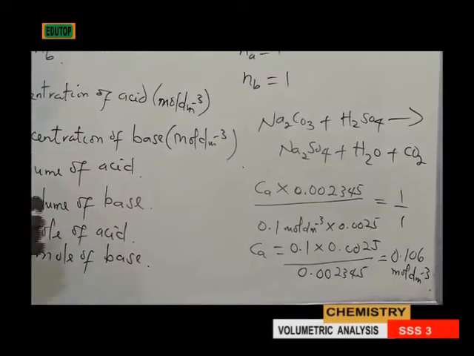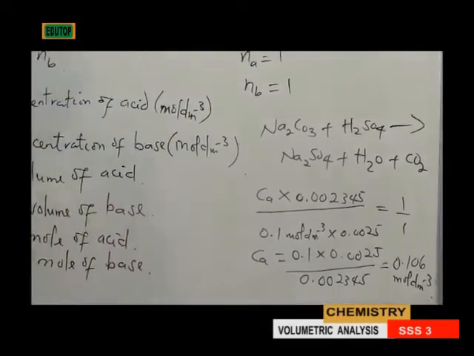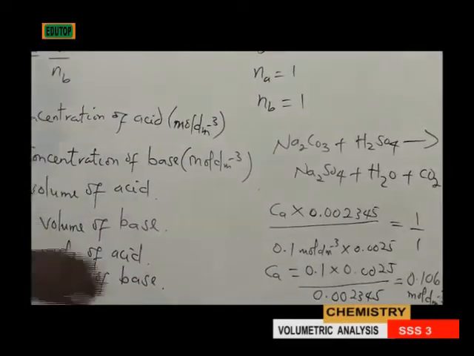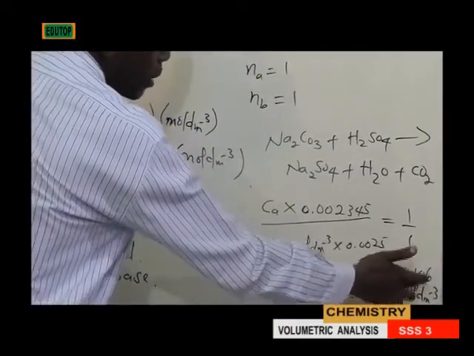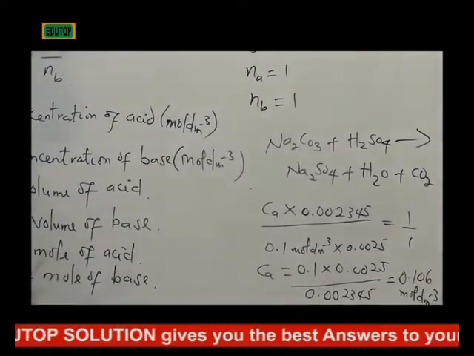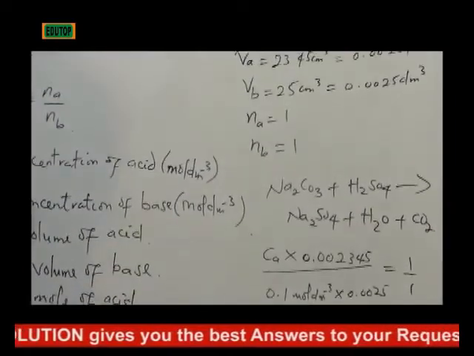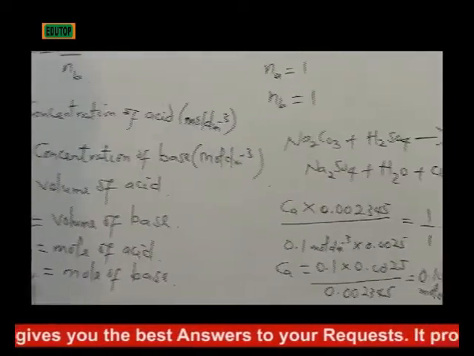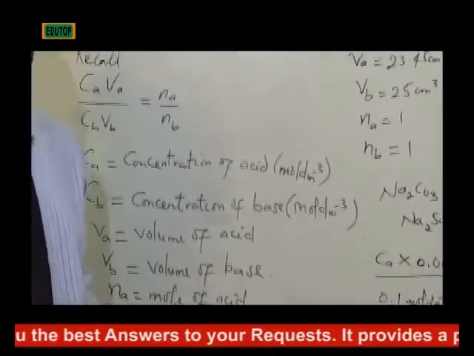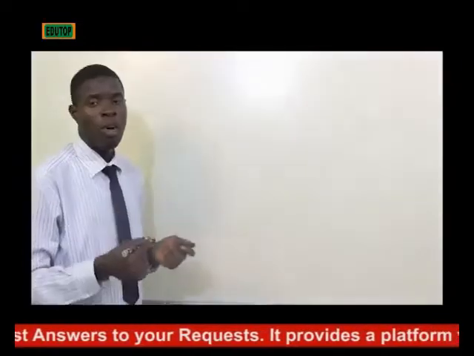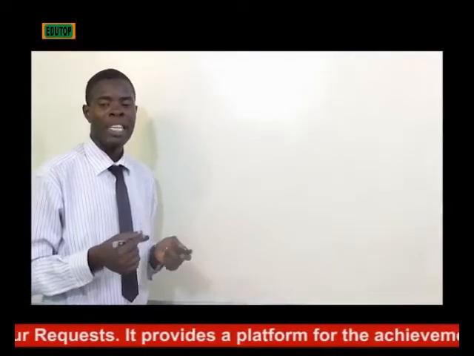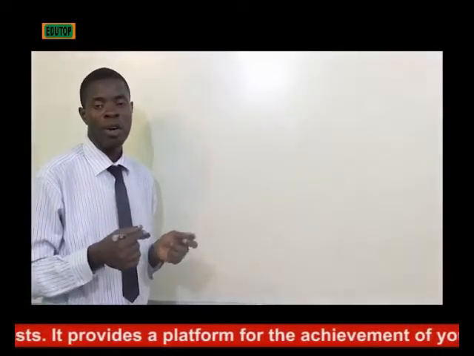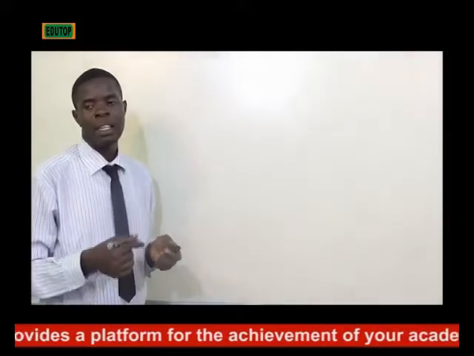So the concentration of acid is 0.106 mole per dm³. That is Ca, the concentration of acid.